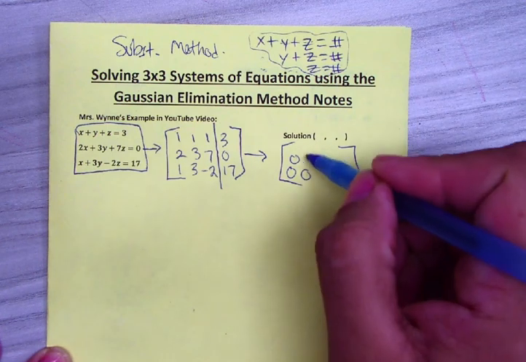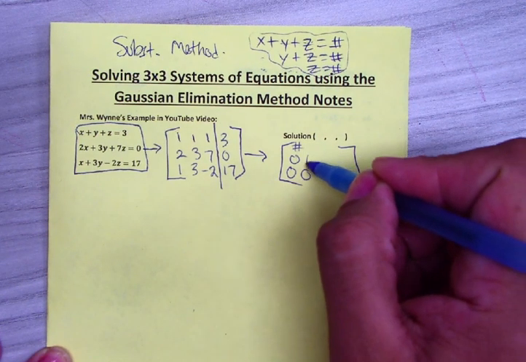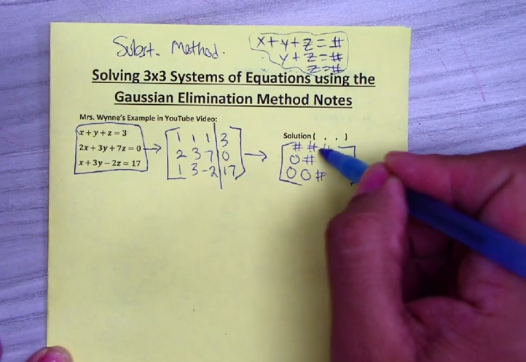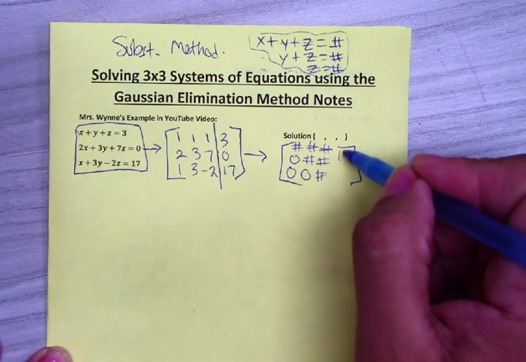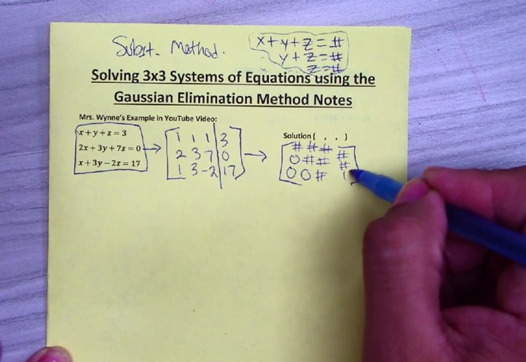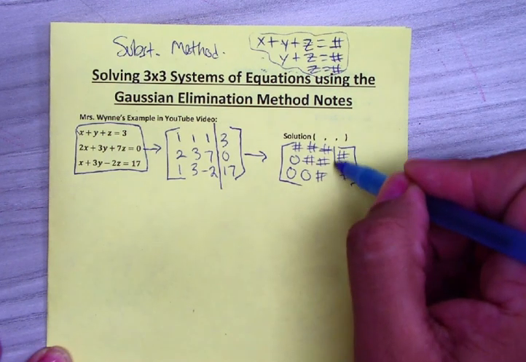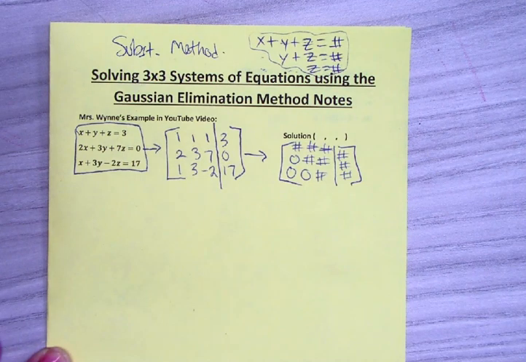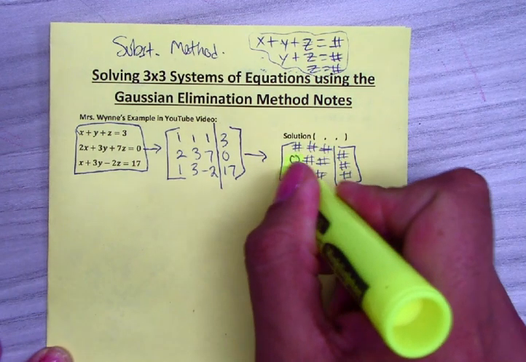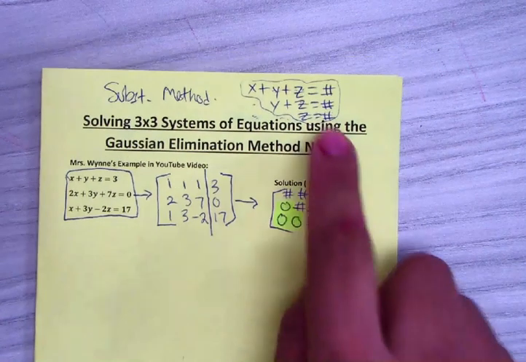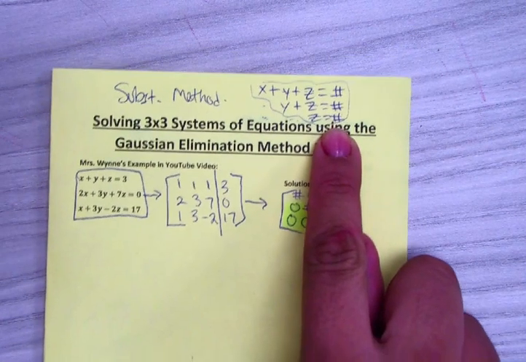And the numbers that you have right here really don't matter. I know there are times that I have mentioned maybe putting ones in this diagonal, but I'm going to take that back and emphasize to only focus on the zeros and don't worry about the ones right now. If you can get this to become zeros, you are able to use the substitution method to solve.